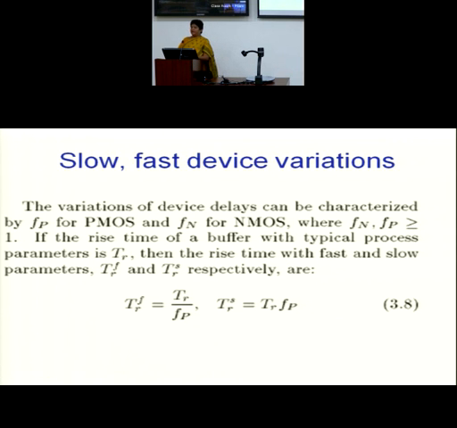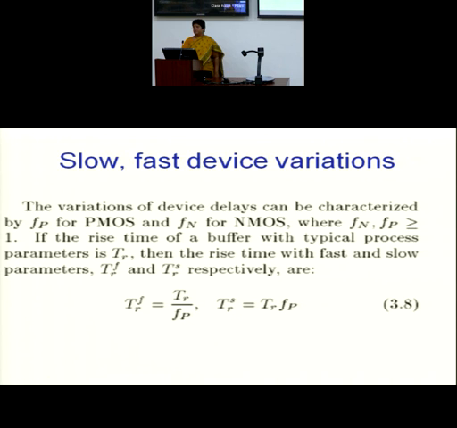So that FN and FP may be different for each device. If the device is becoming fast, the delay will be less than the nominal value. So my delay for a fast device, TR fast, will be TR by FP. And if it is a slow device, TR slow will be TR times FP.